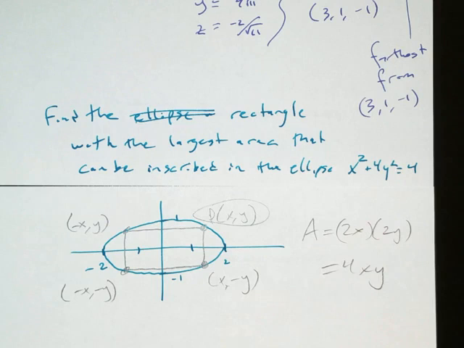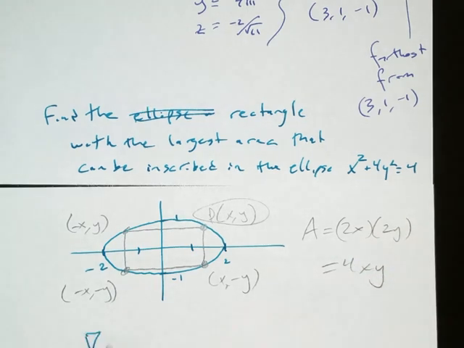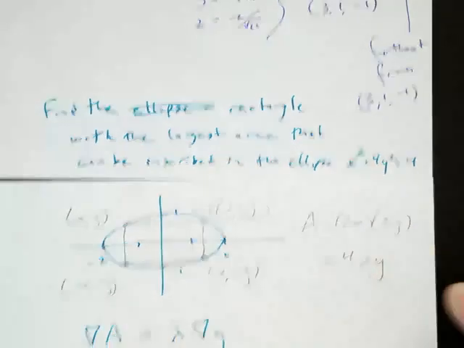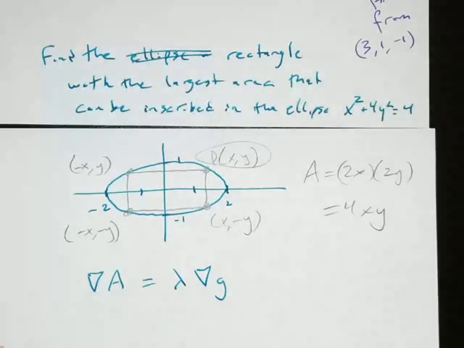And you have the restriction that is the ellipse itself. Set up the equations for me. By the way, since I've called this function A, I won't call it f. That'll be my f of x function. So it's the gradient of A is equal to lambda times the gradient of my restriction, and my restriction itself.